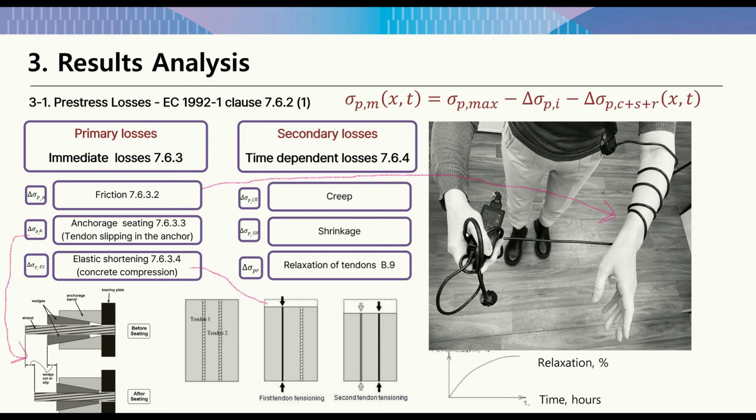Physically, these losses are easy to imagine if you wrap a cable around your hand. One end hangs freely, there is no tension in it, and the other end is stretched by your hand. There is tension in it. This difference is the tension lost by friction.